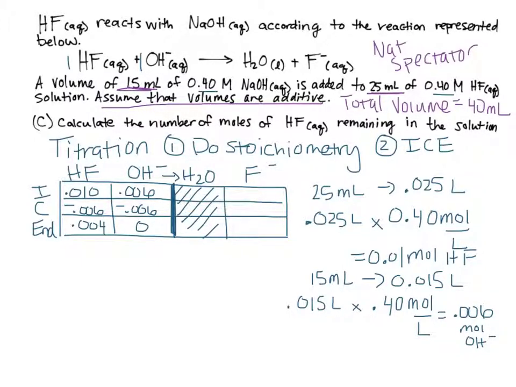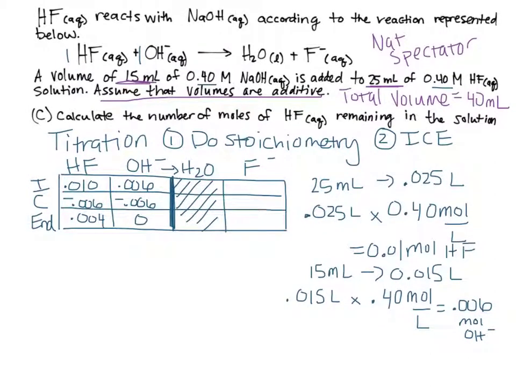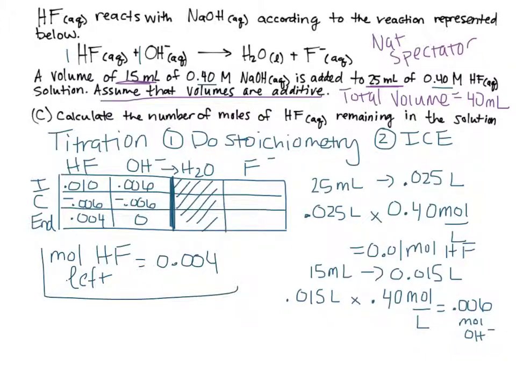So we're going to have to write that like this. Moles HF left equals 0.004. Then you'd box that answer and you'd be done with part C.